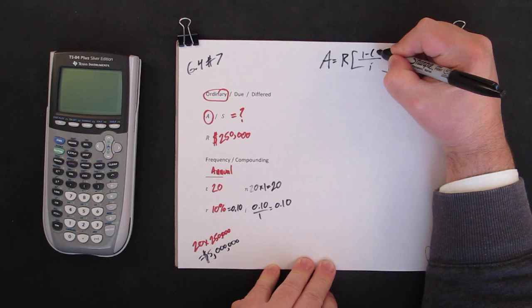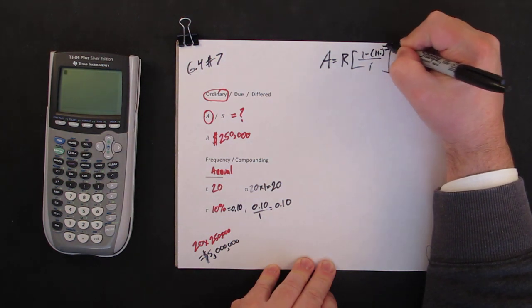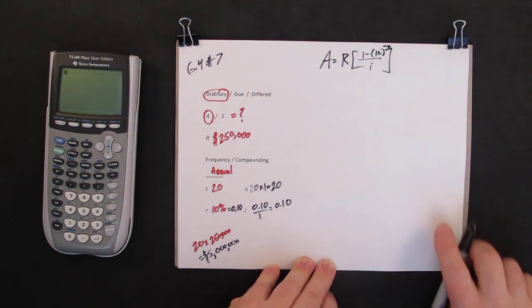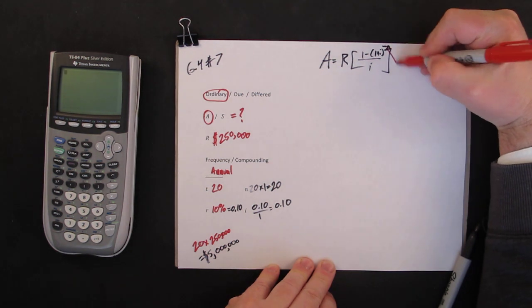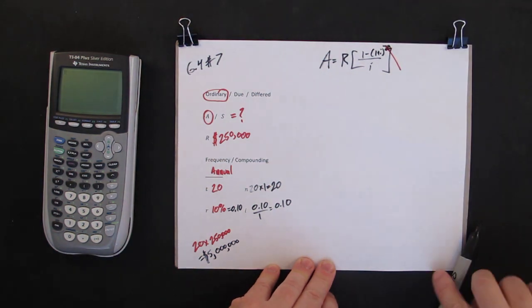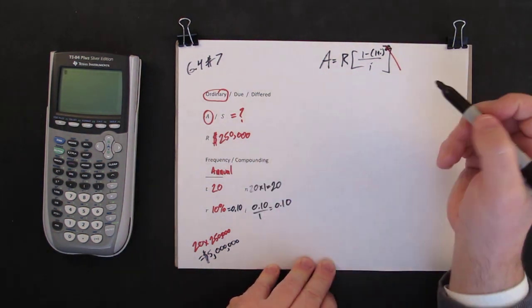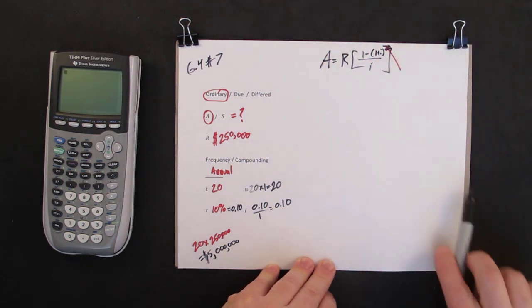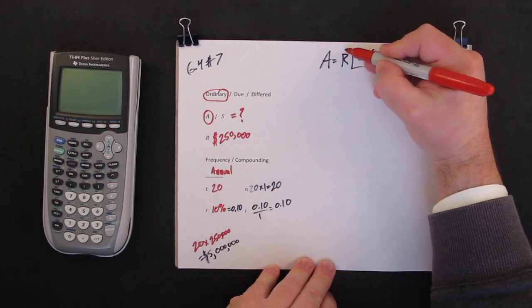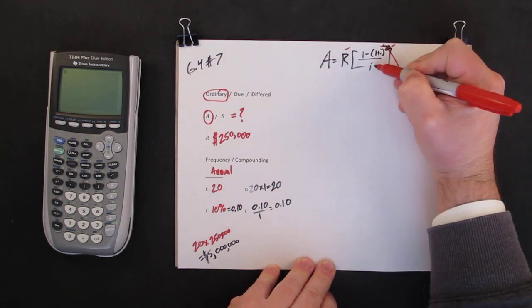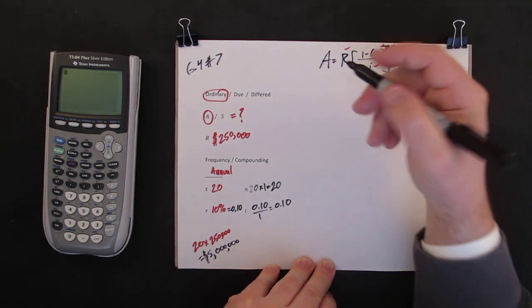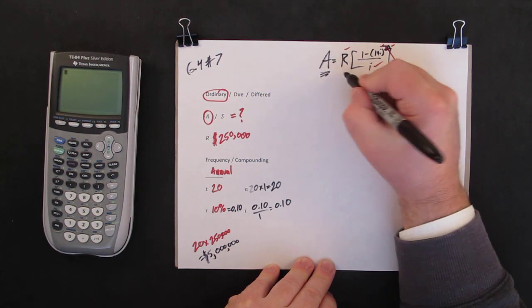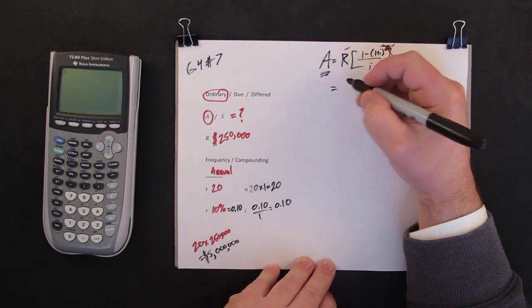So what's important is that we have a negative sign there on the present value formula. Remember that. So we know the payment, interest, period. Okay, all that's known. And so we're just trying to find the present value.